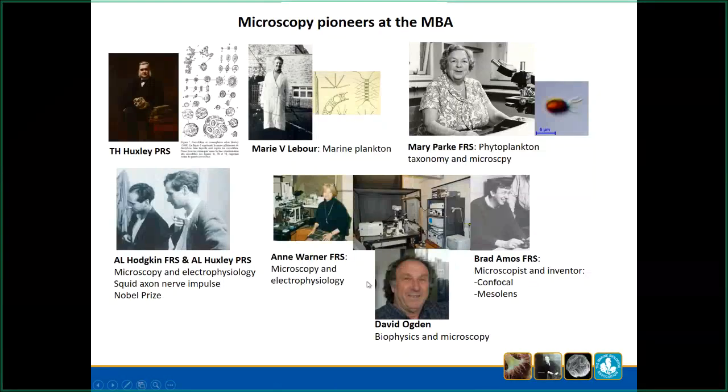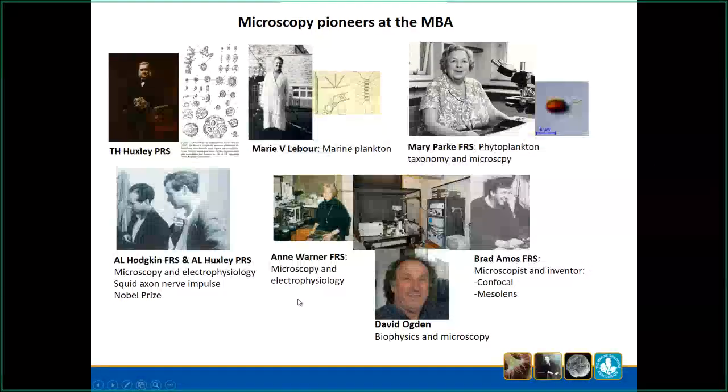The last three people I want to introduce together really have brought the MBA right into the modern microscopy era. Anne Warner was instrumental in this. Anne Warner was a professor at University College London, and she initiated the microelectrodes workshop that we still hold every year to the present day.